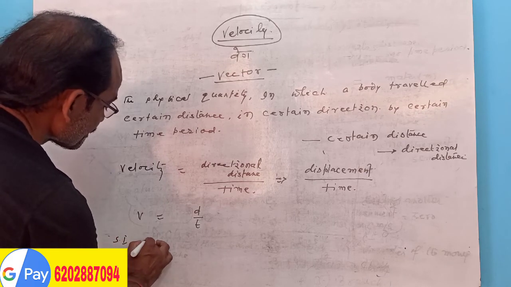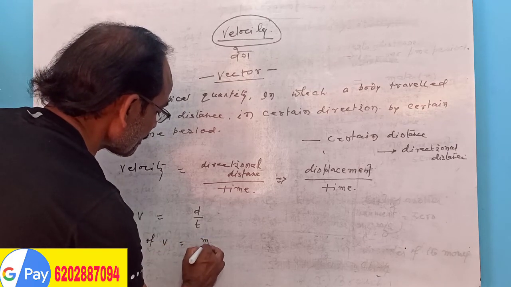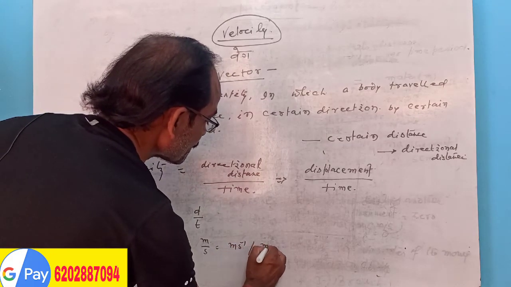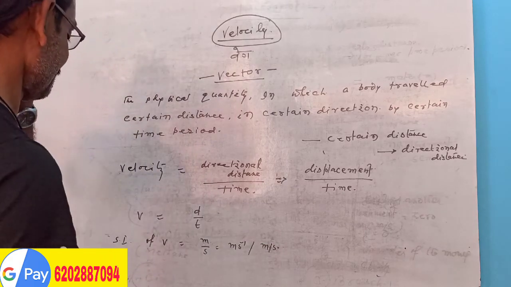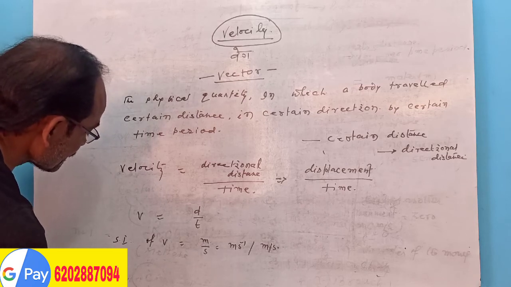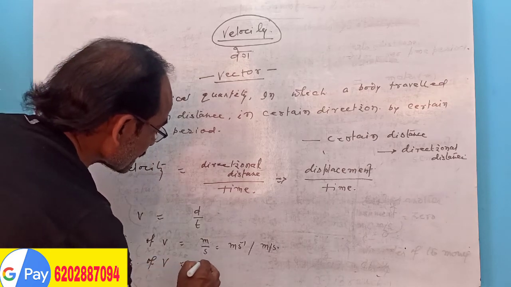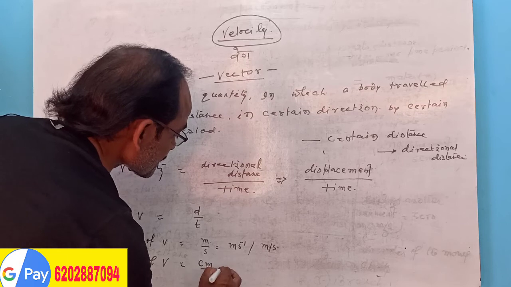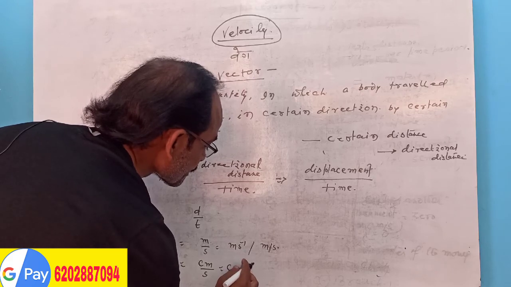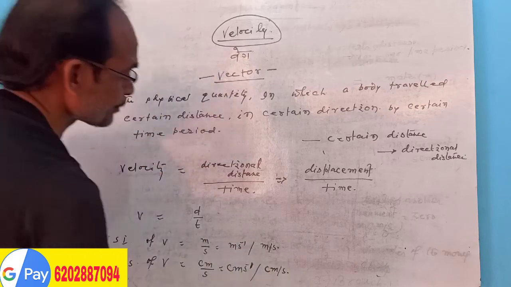SI unit of V equals m by s, meter s⁻¹ or meter per second. CGS unit of V equals cm by s, that is cm s⁻¹ or cm per second.